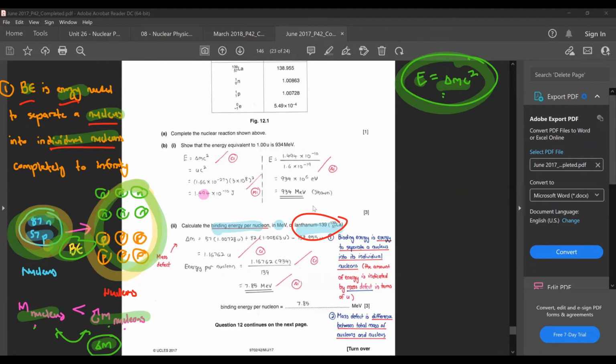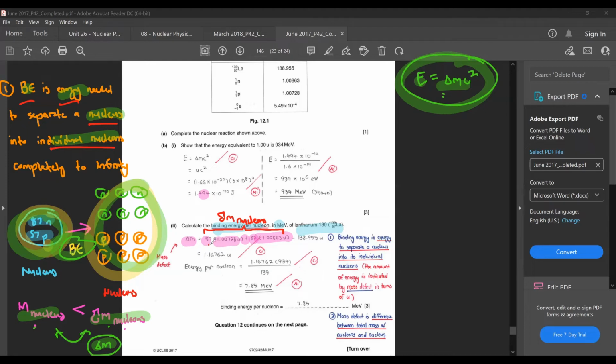That's why here, if you look at the working, you try to find the mass defect first. There's a calculation here. You will see 57 times 1.00728 U plus 82 times 1.00863 U. This one is actually the sum of the masses of your nucleons. 57 here is your proton.